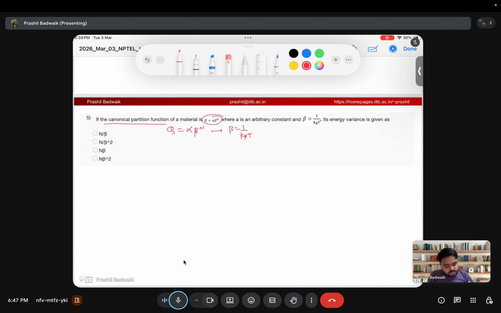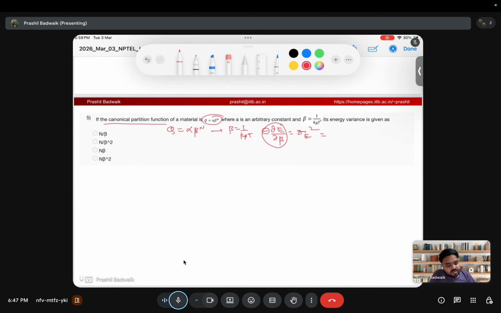So they are asking us to calculate the variance, energy variance, del E by del beta, right? From the class notes, the variance of energy is related to del E by del beta, and when you calculate this you will get an expression.